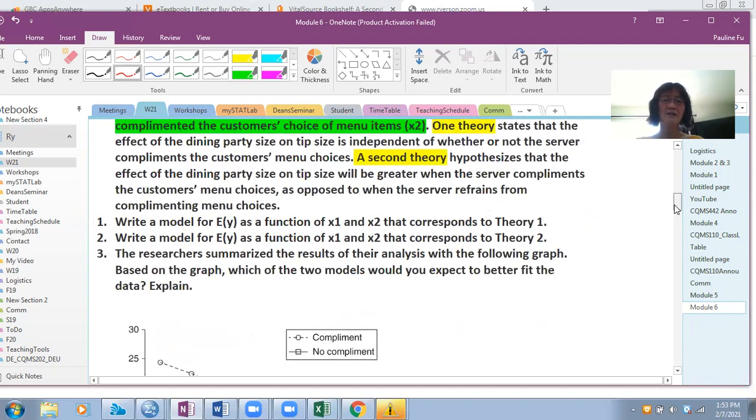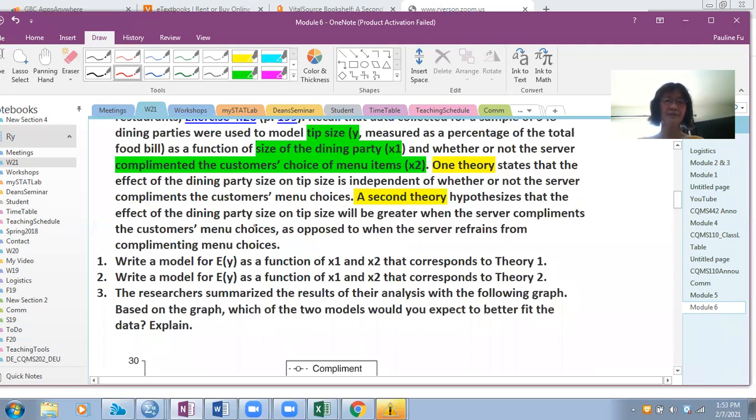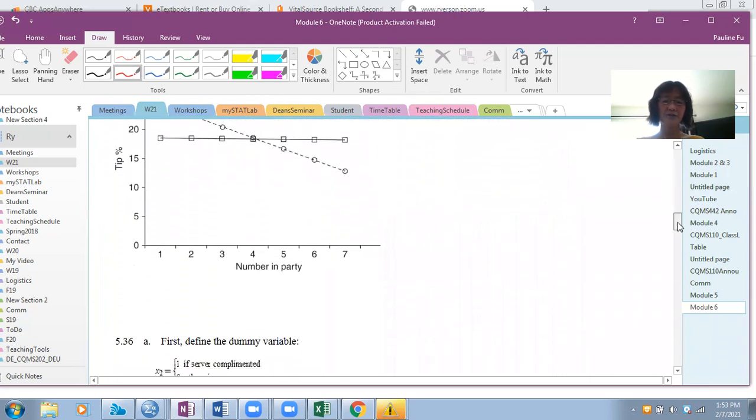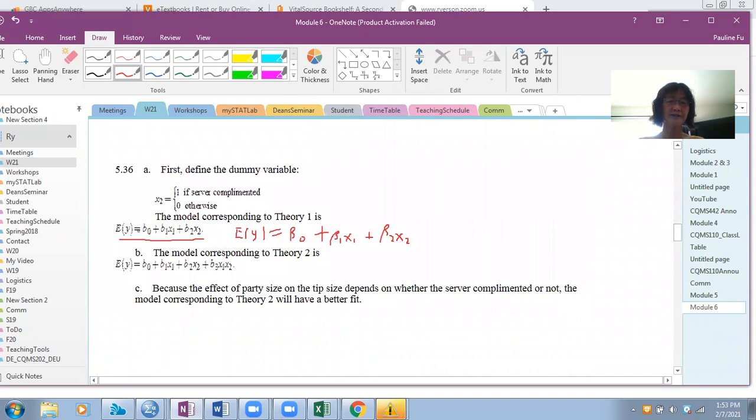However, theory 2 said party size X1 will be greater when you complement the customer's choice. So X1 interacts with X2, that is the second theory. So question 2: write down the model when X1 relates to X2. So we have to add an interaction effect.